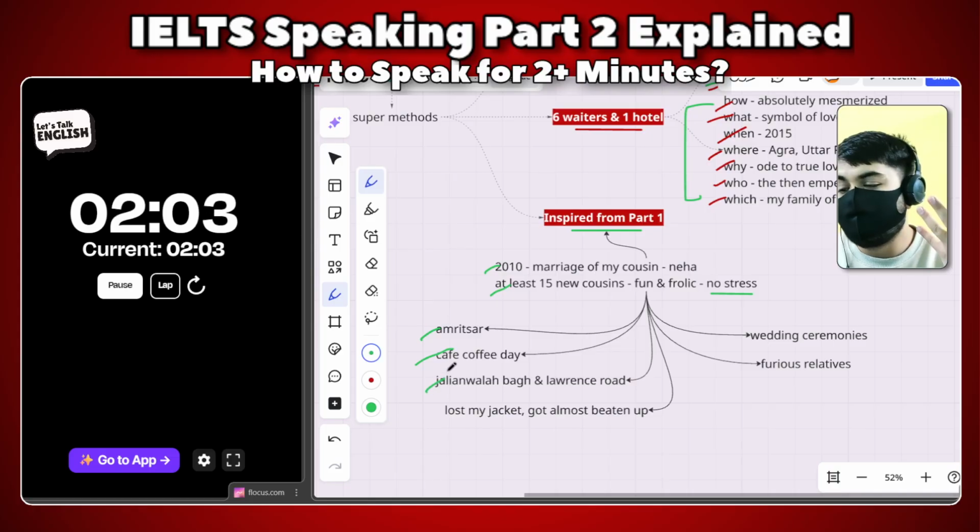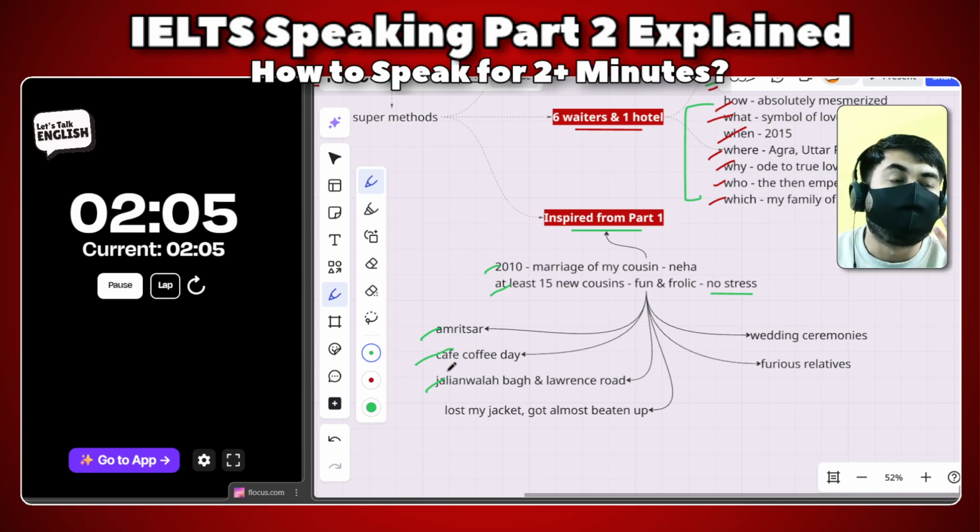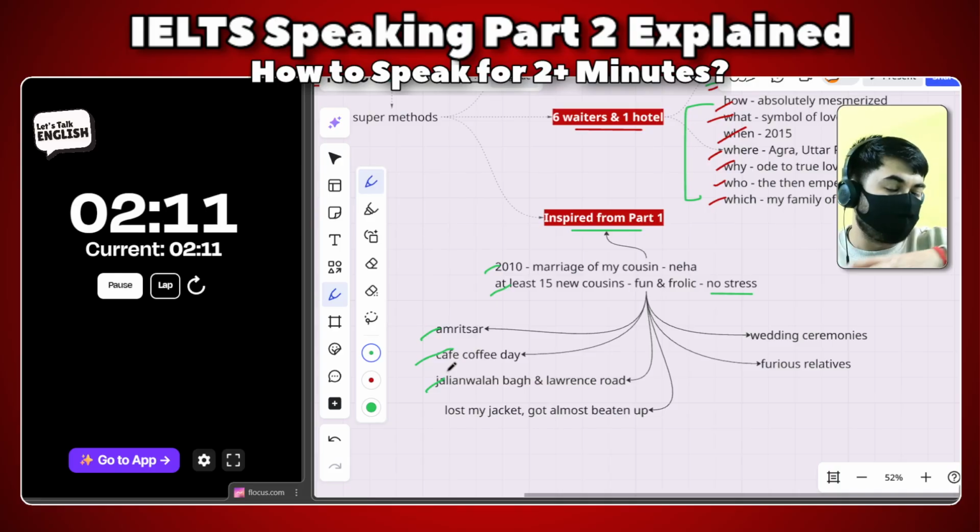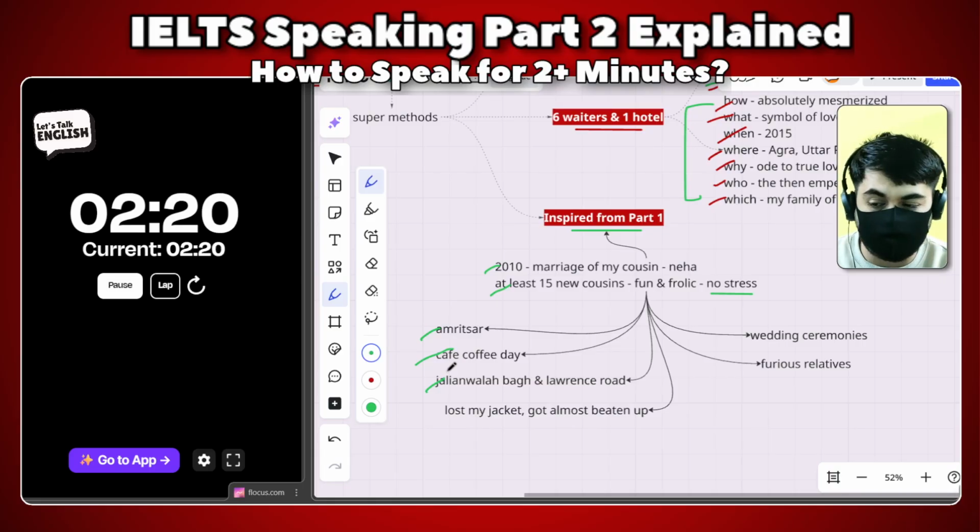Why? Because Amritsar is the religious epicenter of the world, and people from all across the world keep coming here. They can come at any time. The Golden Temple is open throughout, and therefore the Cafe Coffee Day also has to be running throughout.